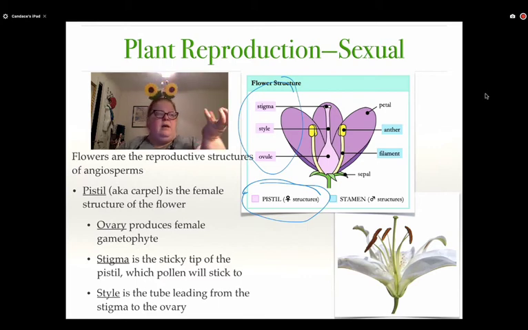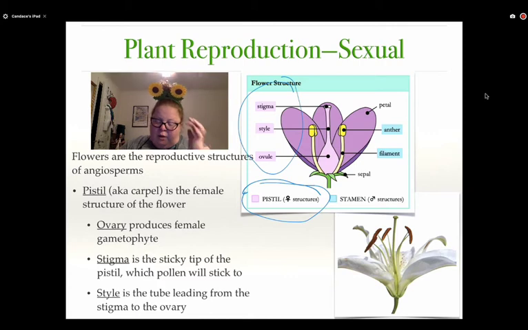They just have flowers with only the male structures, and other flowers with the female structures. Most of the time, what I've seen is flowering plants are monoecious, so both the male and female structures are in the same flower. That's how we're going to learn it, but just know they can be separate.